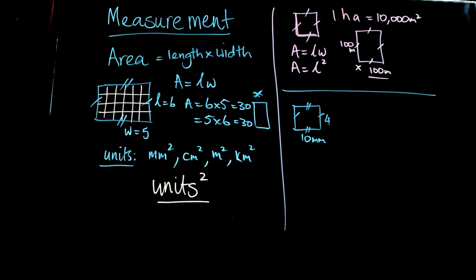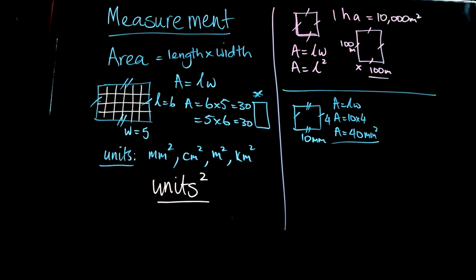What I would say is just write out the formula, substitute in the values. It's always good practice. Don't get caught up on which side is the length and which side is the width just yet. Just get used to doing this kind of work and then writing the units as part of your answer. That's something that I'd like to see.